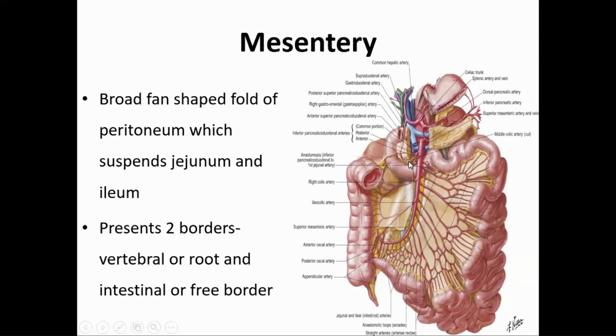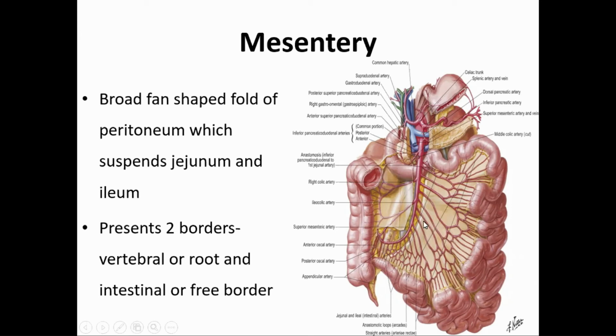So, mesentery is a broad fan-shaped peritoneal fold which suspends the jejunum and the ileum from the posterior abdominal wall, and it presents two borders: anterior or the intestinal or the free border, and posterior, the vertebral border or the root.